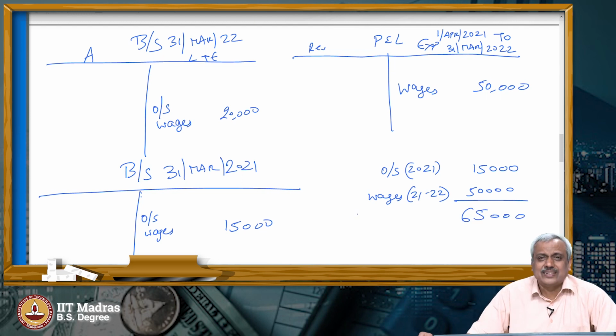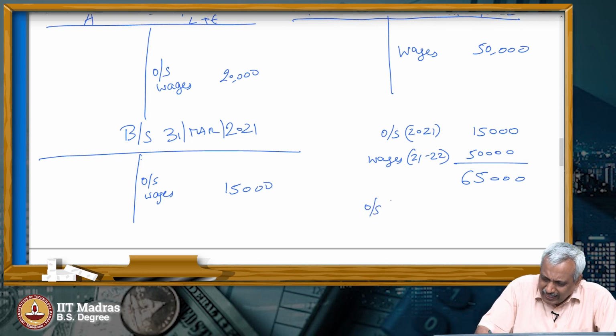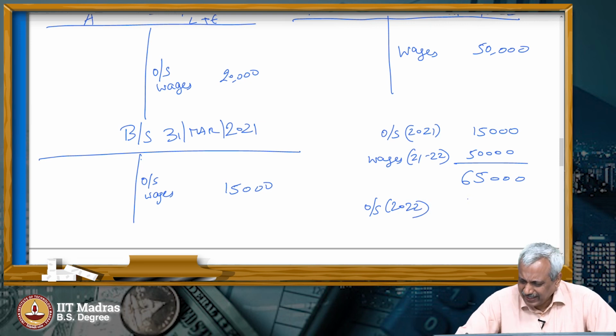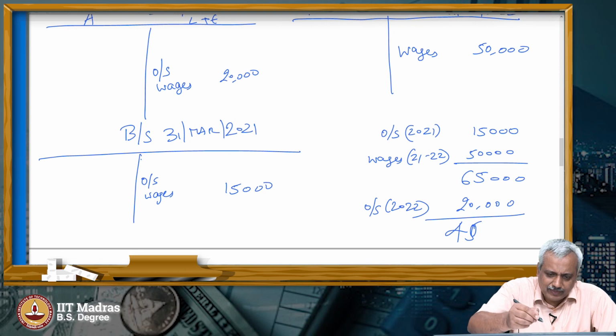The wages that is totally due or totally payable is 65,000. How much is still outstanding as of 2022? 20,000. That means how much have you paid? I'm sorry, 45. I made a mistake.